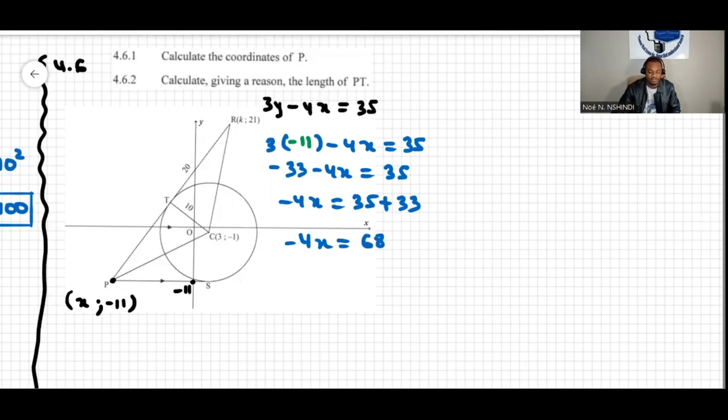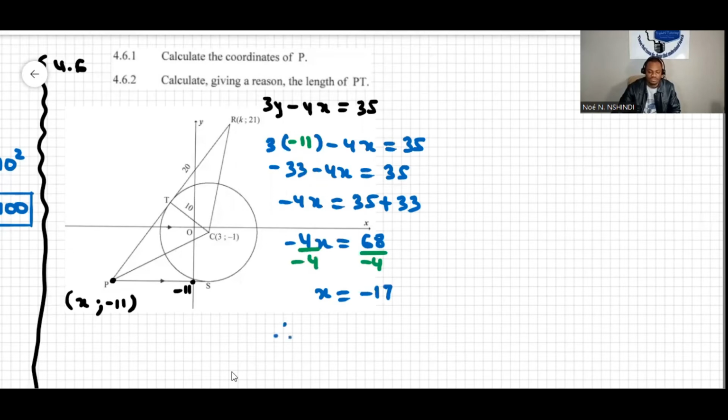Now we can divide both sides by -4, then we get x is equal to -17, yes.